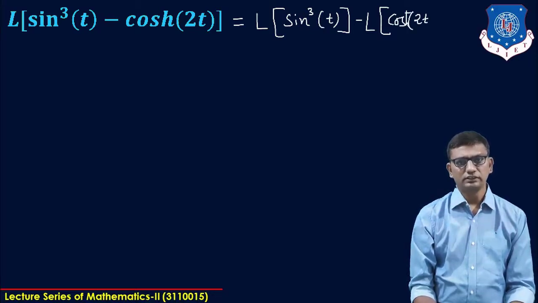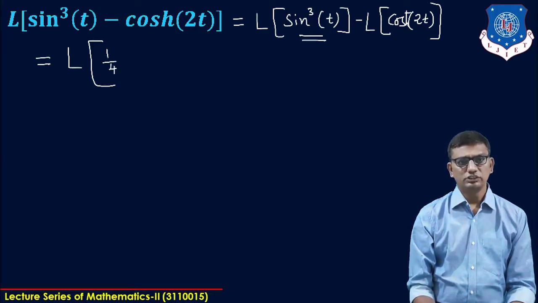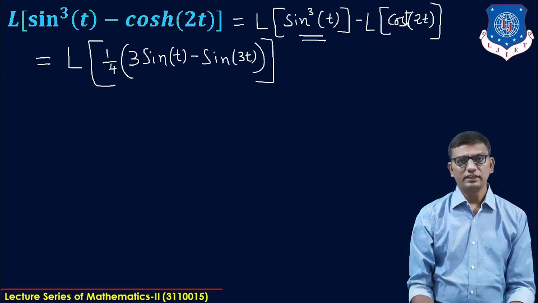We apply the linear property of the Laplace, and now we apply the formula of sin cube t, because we can't find the direct Laplace of sin cube t. So first of all we apply the formula of sin cube t, which is 1 by 4 into 3 sin t minus sin 3t, and we know the direct Laplace of cos hyperbolic t, which is applicable to cos hyperbolic 2t.